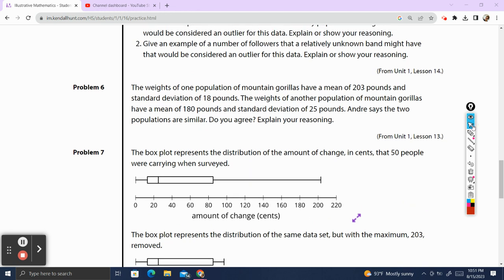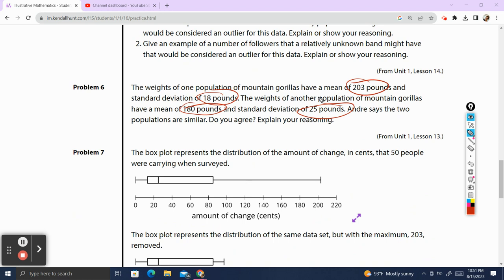We're moving on to problem 6. The weights of one population of mountain gorillas have a mean of 203 pounds and a standard deviation of 18 pounds. The weights of another population of mountain gorillas have a mean of 180 pounds and a standard deviation of 25 pounds. So we've got our means and our standard deviations. Andre says the two populations are similar.